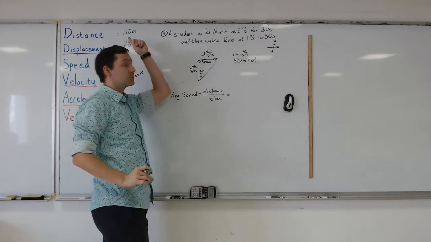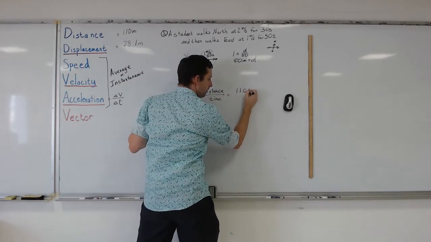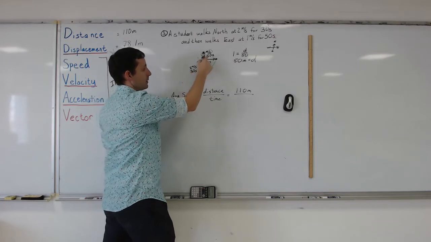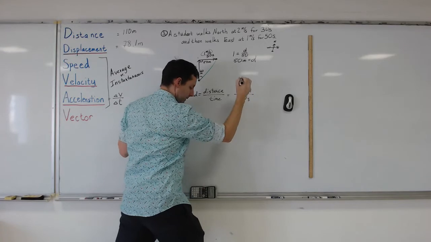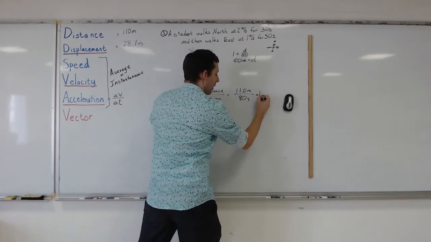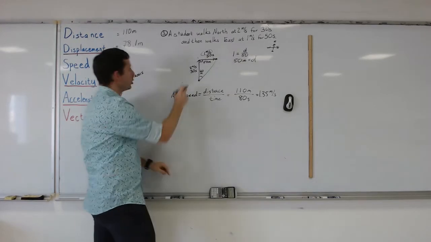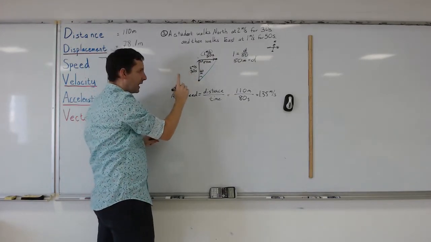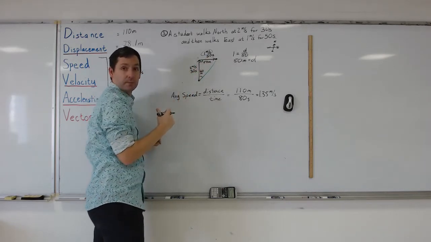The total distance was 110 meters. And the total time, 30 seconds plus 50 seconds, a total of 80 seconds. 1.35 meters per second. Remember I said it was going to be closer to this number than that number? That is because we spent more time at this speed, so the average should be closer to that one.